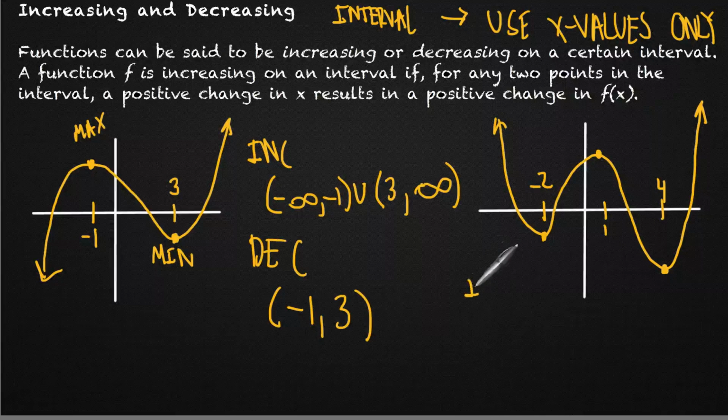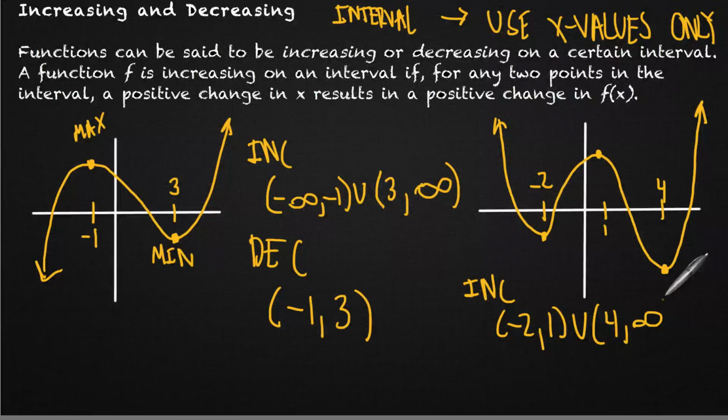So if I said, where is this function increasing? You'll say, well, it's increasing from when x is -2 to when x is 1, in union with when x is 4 to when x moves towards infinity. Now, it's confusing a little bit because you're looking at probably the y value going up to infinity, but that's not what we're looking at. We're looking at when x moves towards positive infinity.